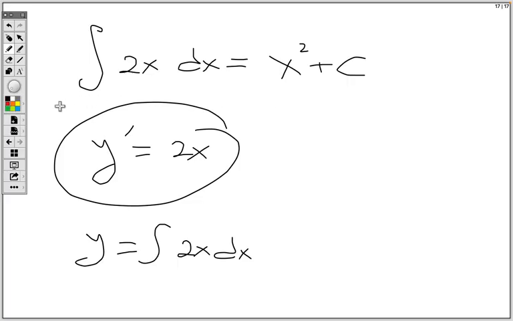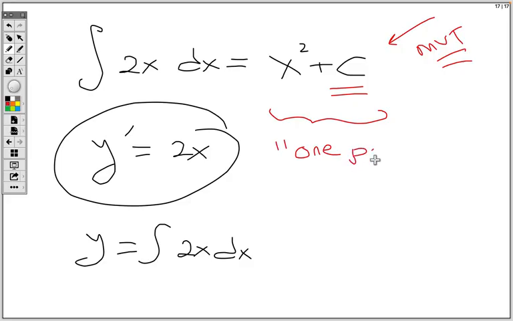First off, we add that constant c. That's courtesy of our mean value theorem. Because we know as long as we're on an open interval, every antiderivative of a continuous function is going to be off by at most a constant. So technically, this would be called a one parameter family of solutions.